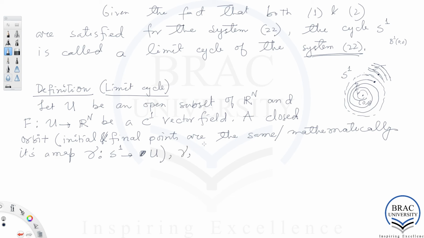Gamma of the system, let me write down the system now: dx over dt is equal to f of x. This closed orbit is said to be a limit cycle.